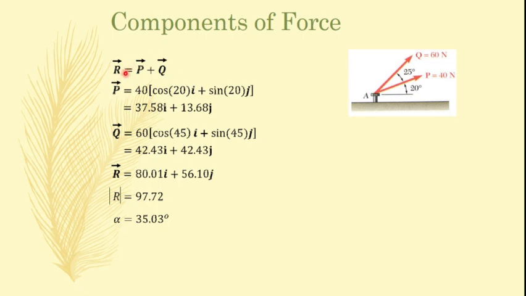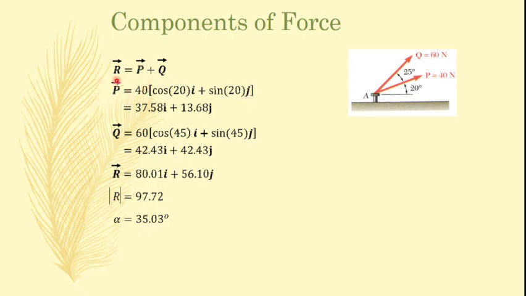Here we can write that it is the algebraic solution of this vector sum. We actually want to find the resultant force of these two forces. That is why we write here that R vector is equal to P vector plus Q vector. Now we can write the vector form of this P vector. It is 40, this is the magnitude, and it is the direction vector, that is cos 20 i plus sin 20 j.